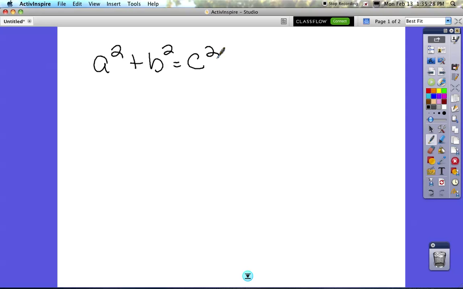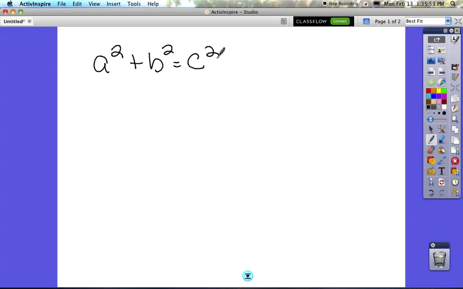How many blocks make up the horizontal piece? 4. And so that's a block of 16. Then look at the very big one, which is the hypotenuse, and it's made up of 5. And 5 squared is 25. So literally, you add the 9 plus the 16 and you get the 25.